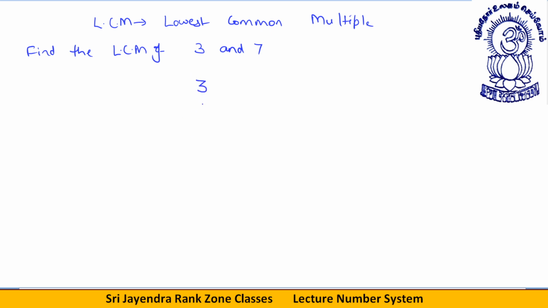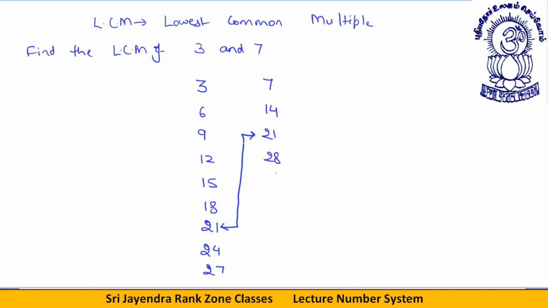Not all, but a few. 3, 6, 9, then 12, 15, 18, 21, 24, 27, and so on. The multiples of 7: 7, 14, 21, 28, and so on. If I observe carefully, I get that the number 21 occurs in both of these.